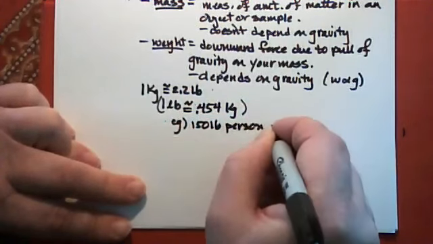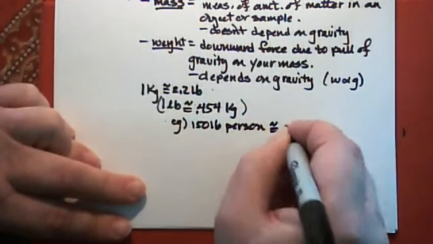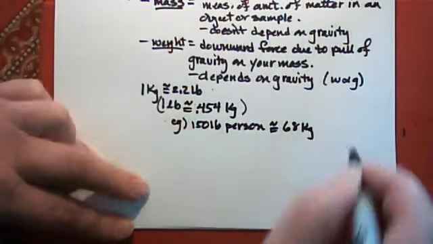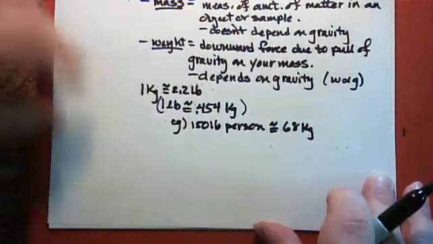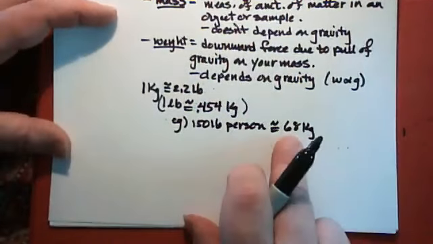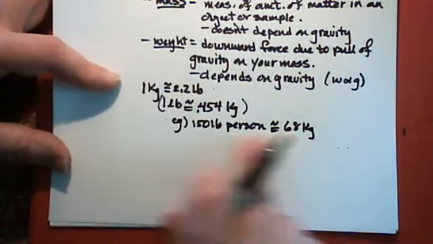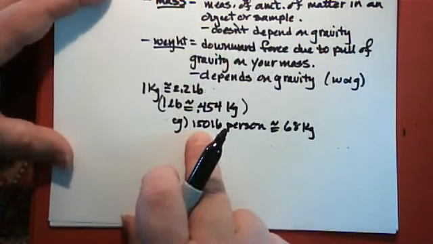If you were to take a 150-pound person, their weight or mass in kilograms would be about 68 kilograms. And vice versa. A person with a mass of 68 kilograms would have a weight of about 150 pounds.